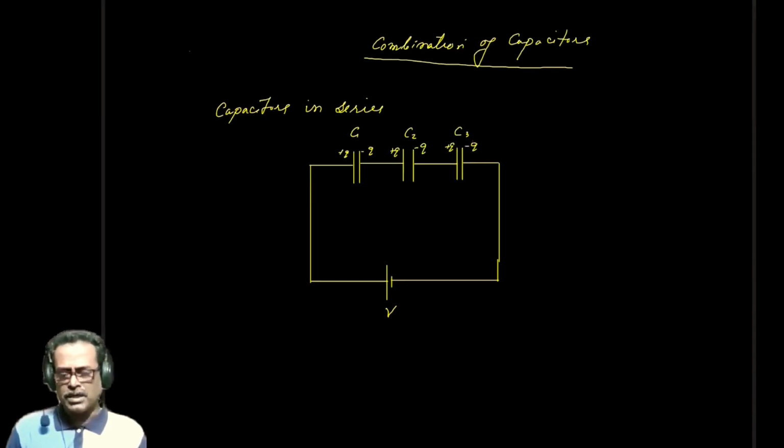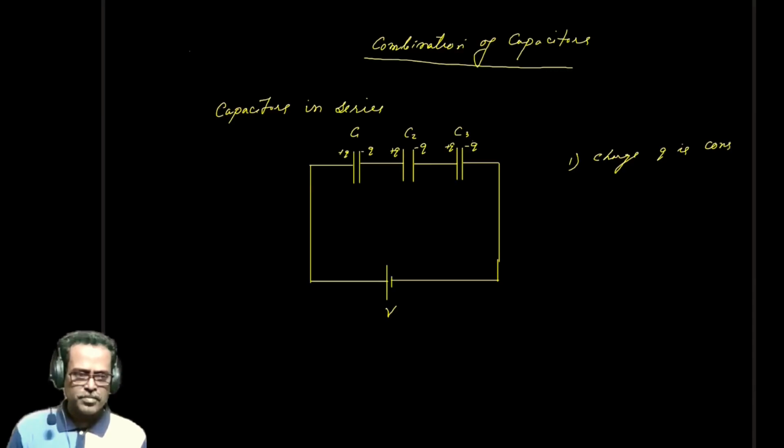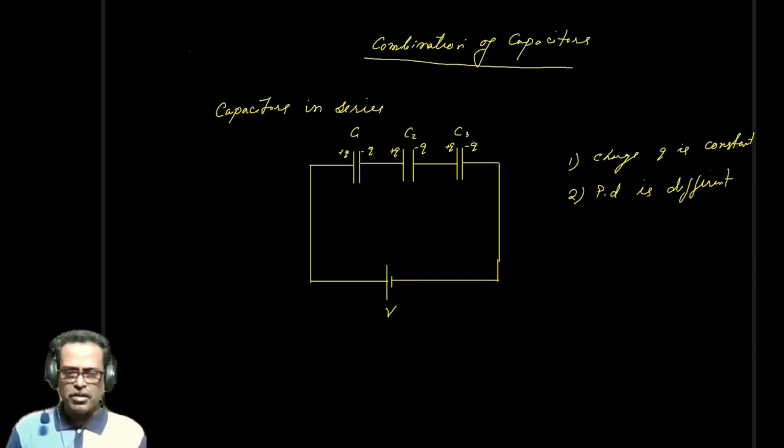So we can say that in series, all capacitors store an equal quantity of charge. So the charge Q is constant in all capacitors. But the potential difference is different, and that depends on the value of the capacitance of the capacitor.